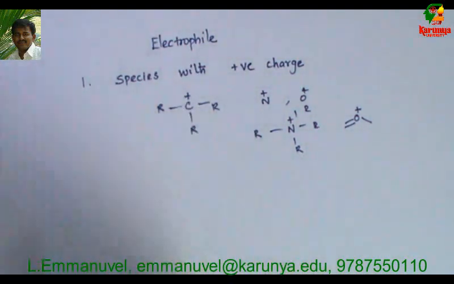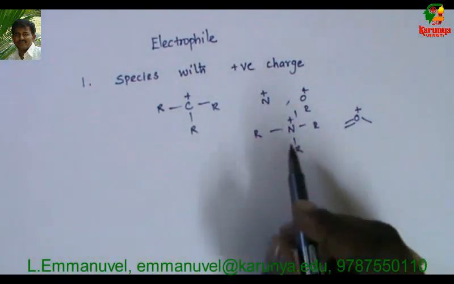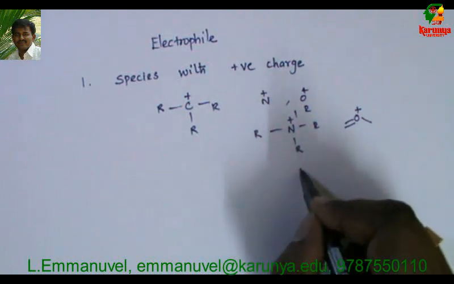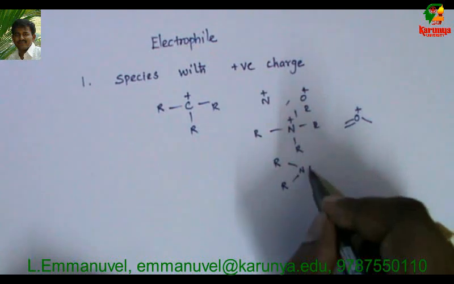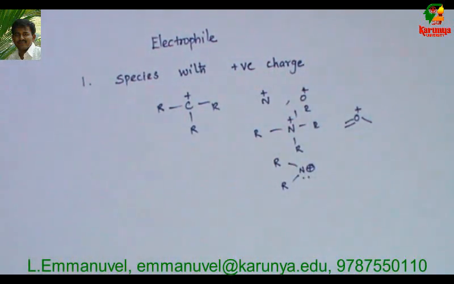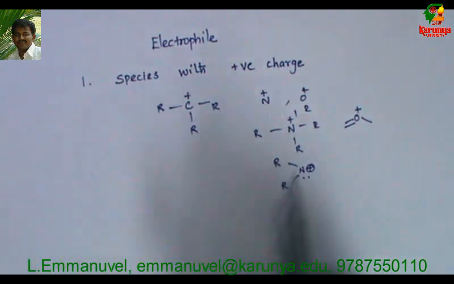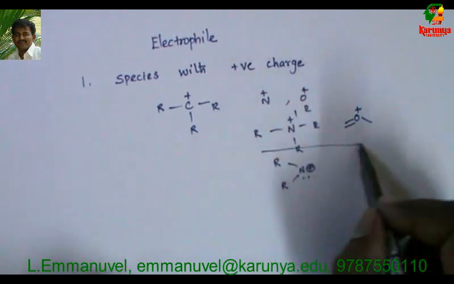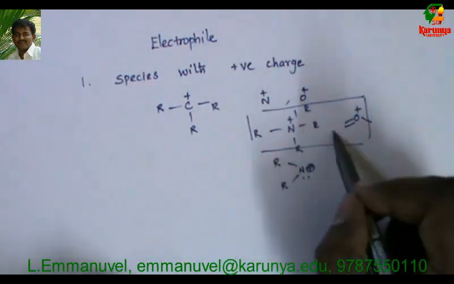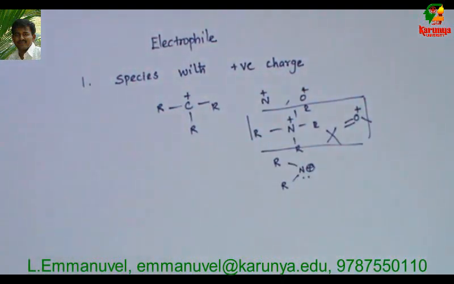Because of that, we get positive charge. If there is any possibility to form like this, and a lone pair of electrons is still there, then you can say this is positive. But in this case, the N plus refers to loss of a lone pair of electrons. So these two are not electrophiles. Don't get confused with this.